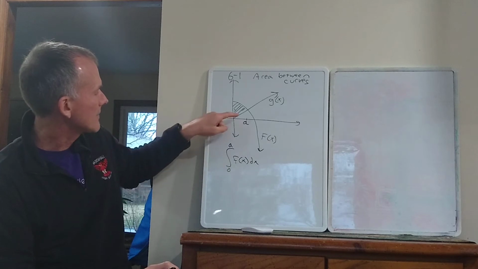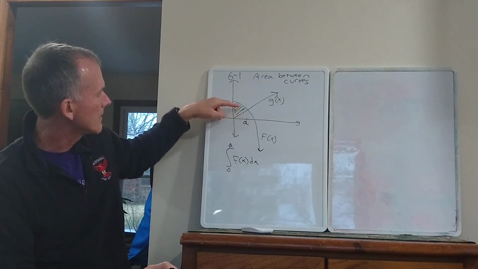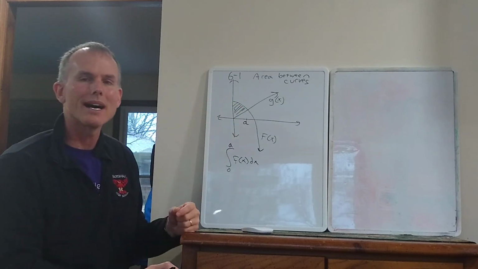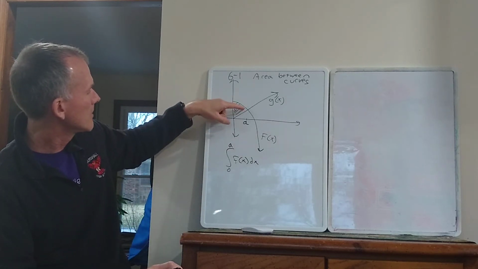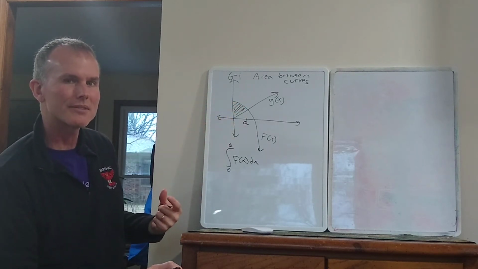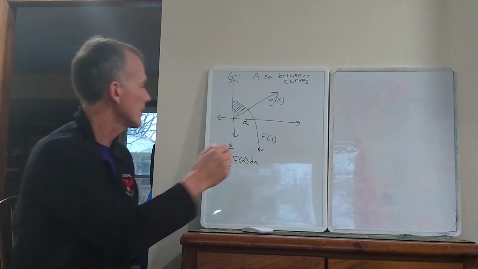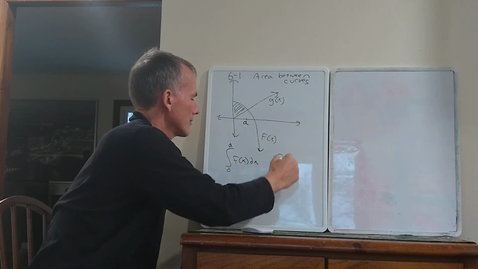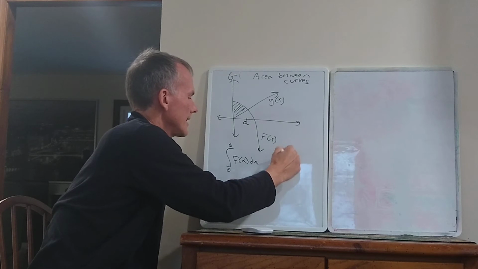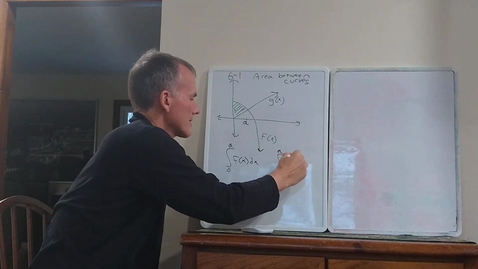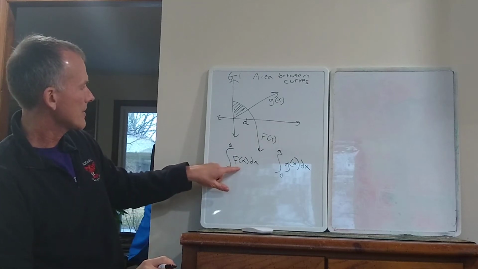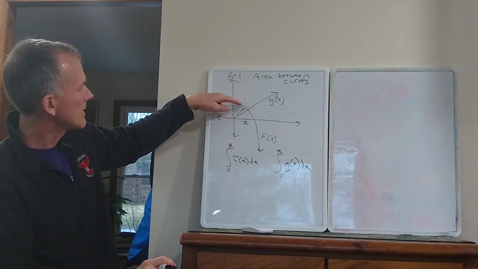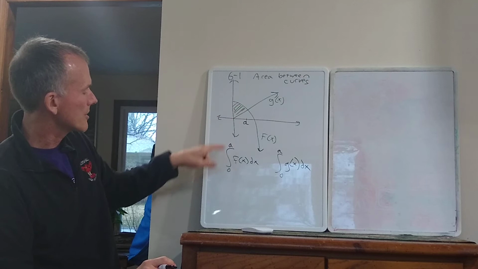So what I have to do is take away that area that's below the line g of x. Well, the area below the line g of x is represented by the integral from 0 to a of g of x dx. So here's the area beneath the curve f of x from 0 to a.